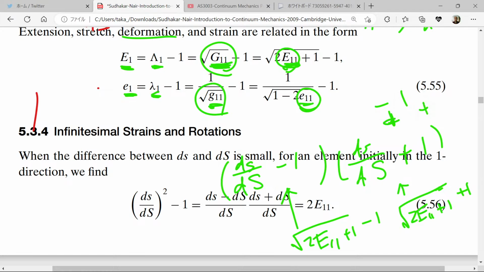Minus 1 plus 2. Yeah, so you just get this one. Okay?